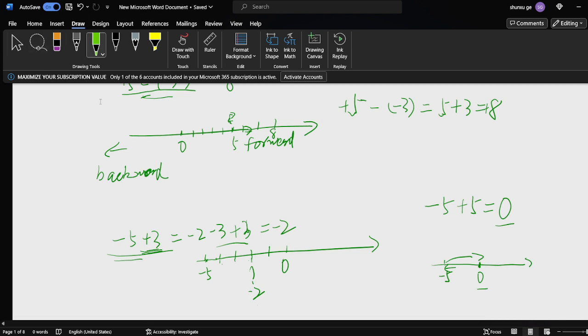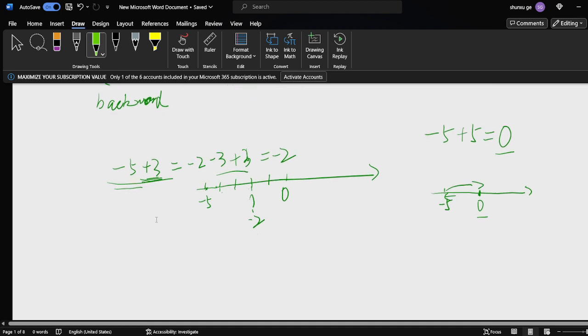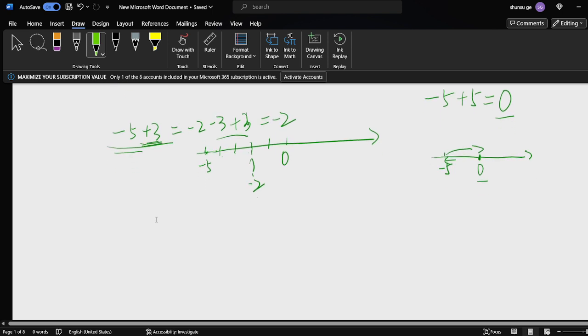So this I explained: the addition for positive number addition and negative number addition. So now we can also give another example. Negative 5. What I mean is that.